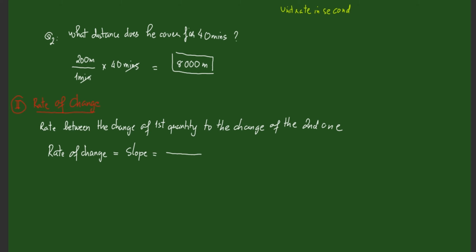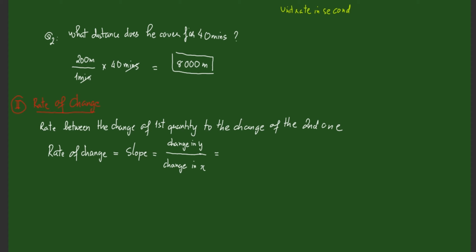It's the change in the y variable over the change in the x variable. Remember what y means, right? Y is the dependent variable, x is independent. So the change in y, we can write as the second y and the first y, the new value and the old value of y.